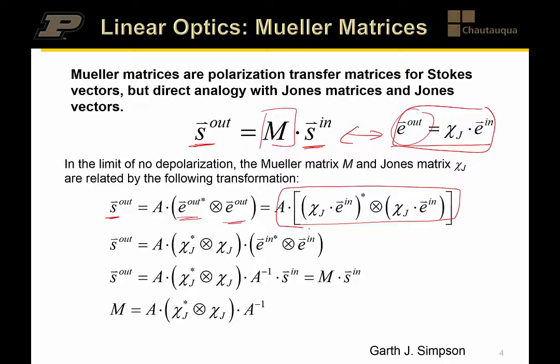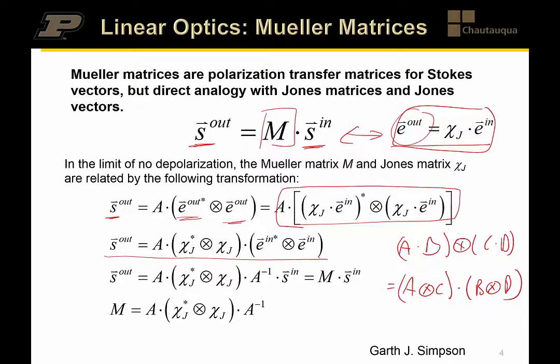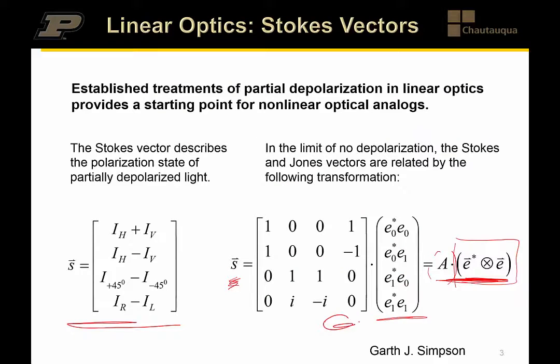There's a very useful relationship: A times B Kronecker C times D equals A Kronecker C times B Kronecker D. If we use that relationship in here, then we can rewrite that equation in this form. And once it's in this form, we can now substitute for the incoming electric fields. And those are given basically by the inverse of this equation here.